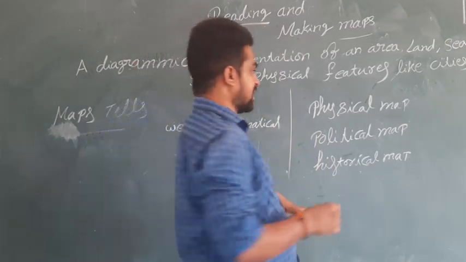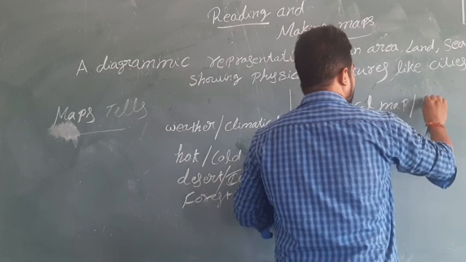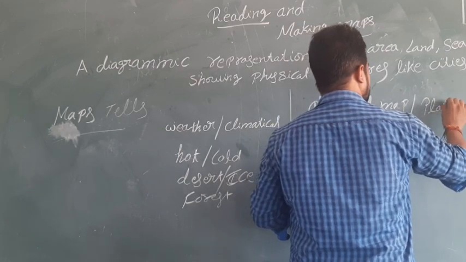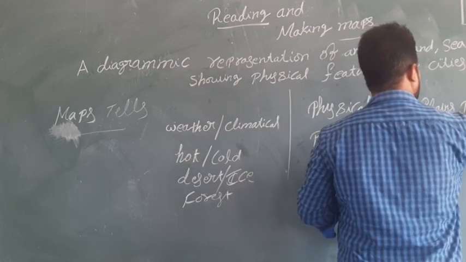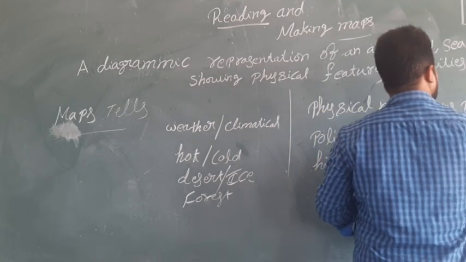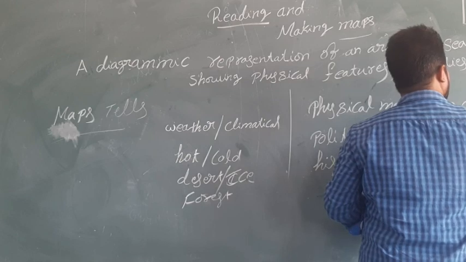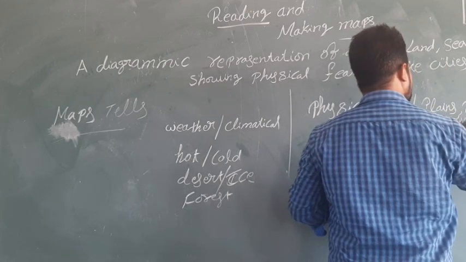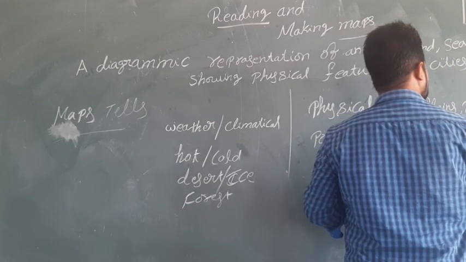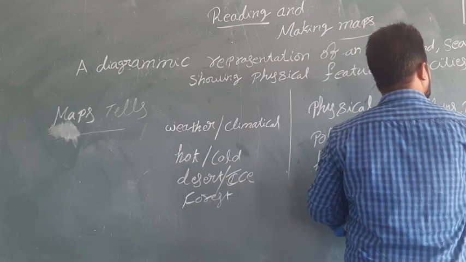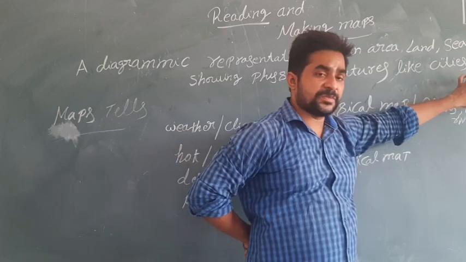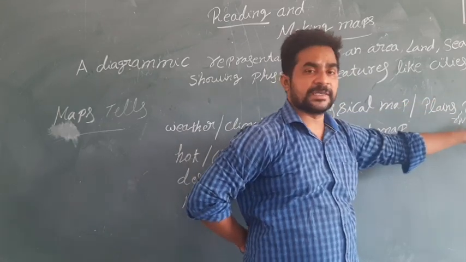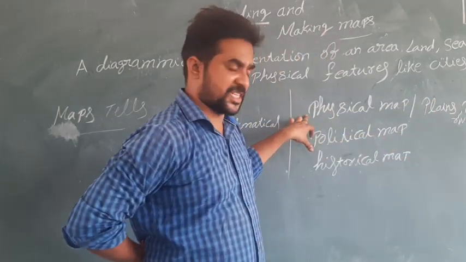Physical divisions are things like plains, plateaus, mountains, rivers, peaks, etc. So plains, plateaus, mountains, rivers, and peaks can be found in the physical map.